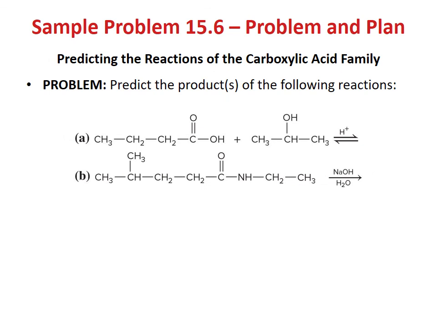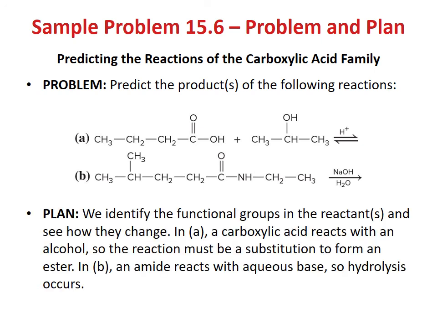Sample problem 15.6. Predict the products of the following reactions. To answer this question, we need to identify the functional groups in the reactants and see how they change. In A, we see a carboxylic acid group and an alcohol. And we know carboxylic acid and alcohol undergo esterification reaction. So the alcohol part substitutes for the hydroxide to give an ester.